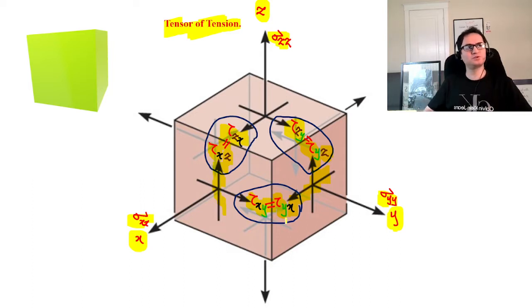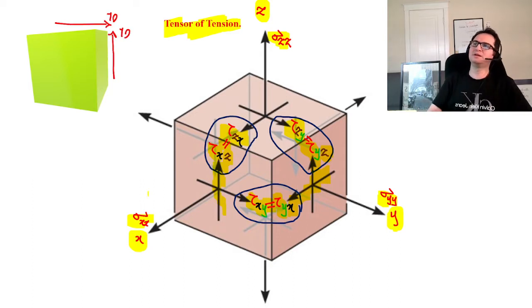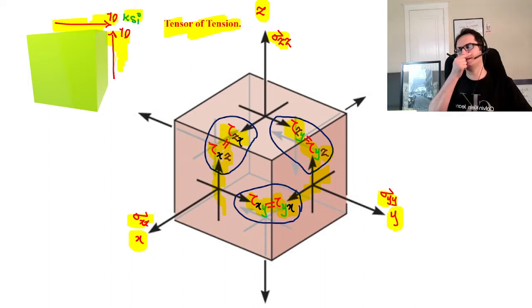If, for example, tau xy is 10 ksi, tau yx is identical, with the same numeric value of 10 ksi.